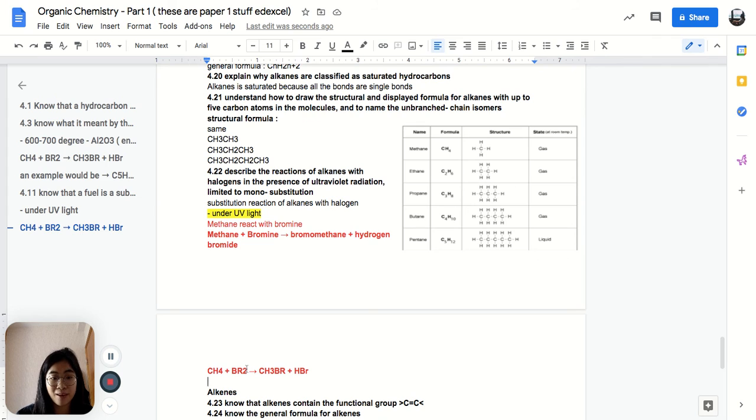So bromine is Br2, as you can see here. That's why one of the H's is substituted by Br, and then the H reacts with the other Br. That is why it's called substitution and not addition, because it didn't add anything new. It just substituted into the old one, if that makes sense.